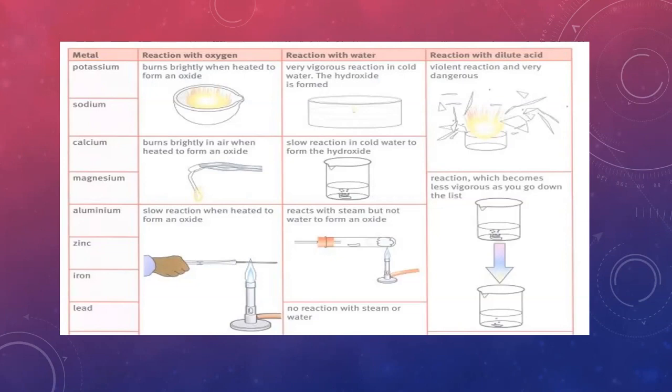But lead, especially, no reaction with the steam or water. يعني no reaction with steam or with cold water. Don't forget this. This is very, very important.